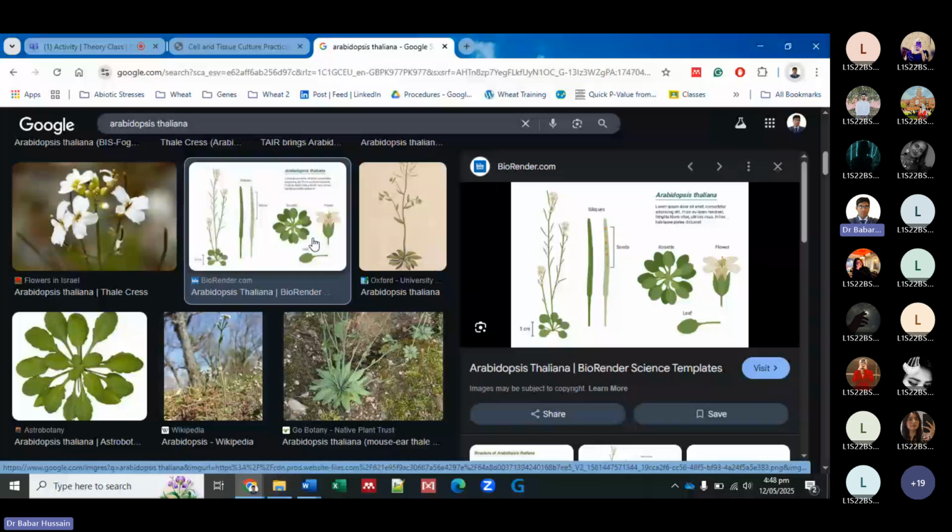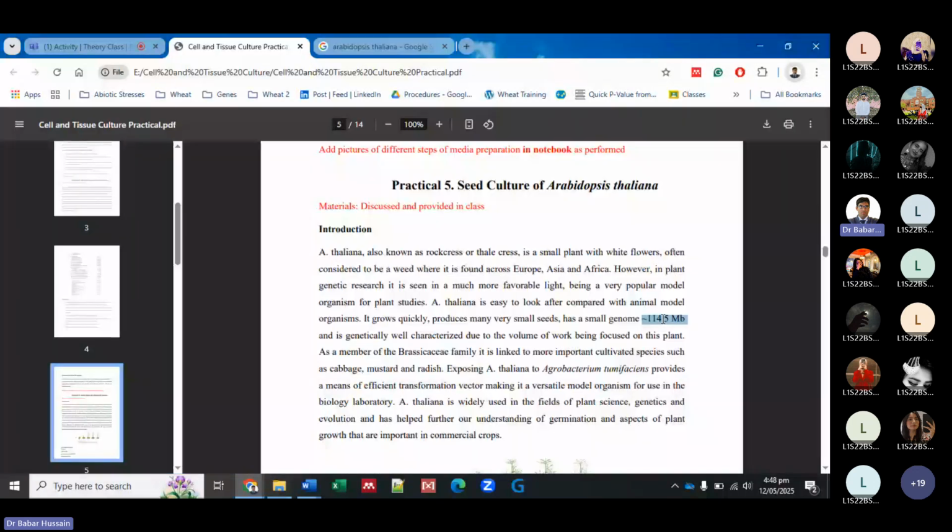150 गुना बड़ा है उससे. तो इसका मतलब क्या हुआ कि 150 छोटा होने का मतलब क्या है Arabidopsis का जीनोम का, कि इसके अंदर जो जीन्स होंगी उनको स्टडी करना इजी होगा. Number of genes: the 150 times lesser size of Arabidopsis thaliana genome as compared to bread wheat means that this has less number of genes.